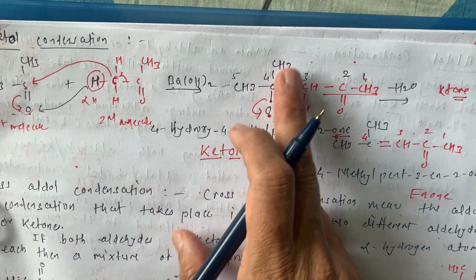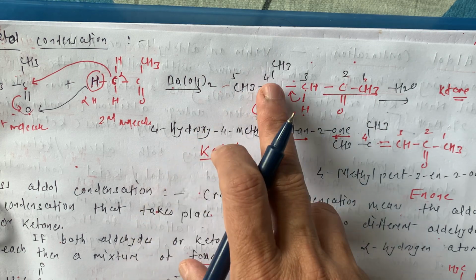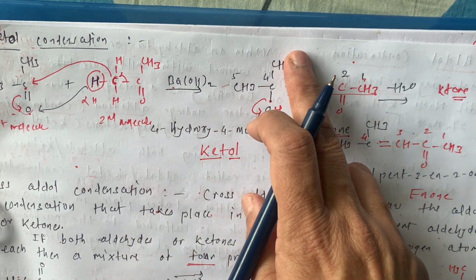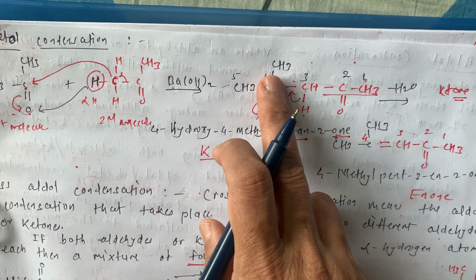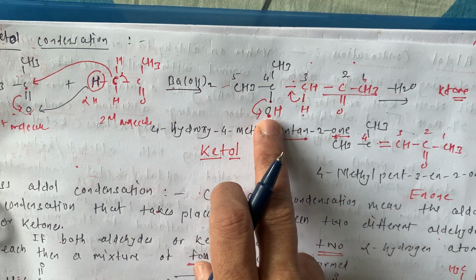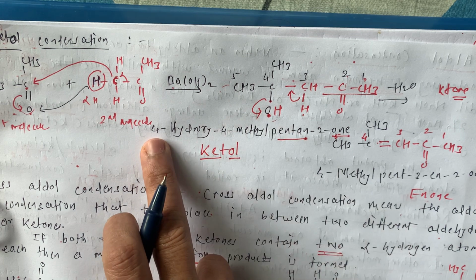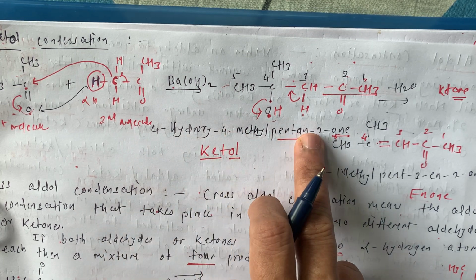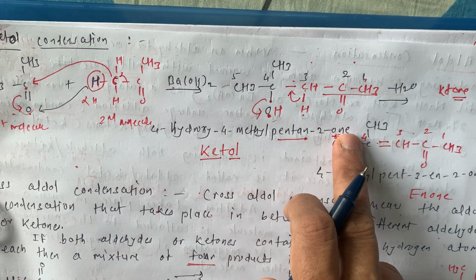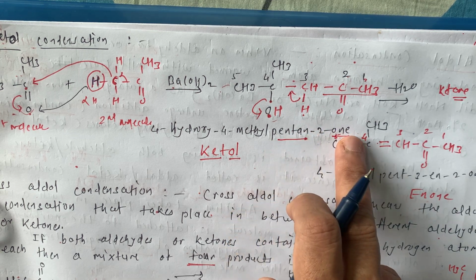Now what are the substituents here? On the fourth carbon there is a methyl group, so we write 4-methyl, and on the same carbon atom there is the hydroxy group. So we mention 4-hydroxy, 4-methyl, pentane, 2,1.